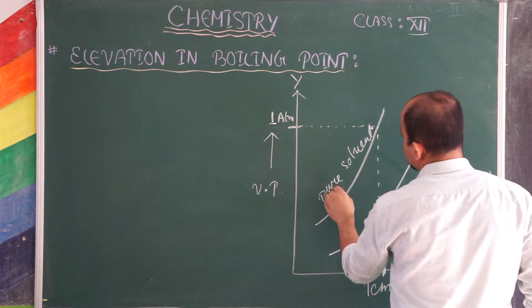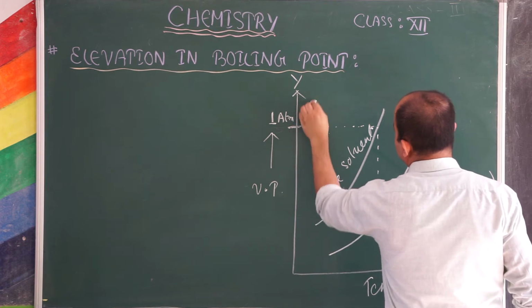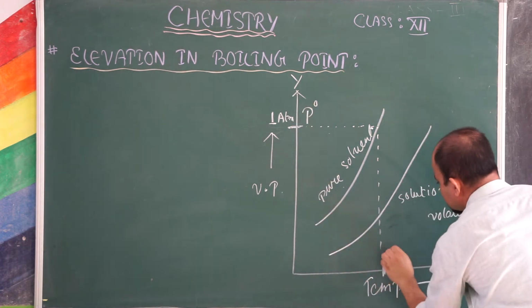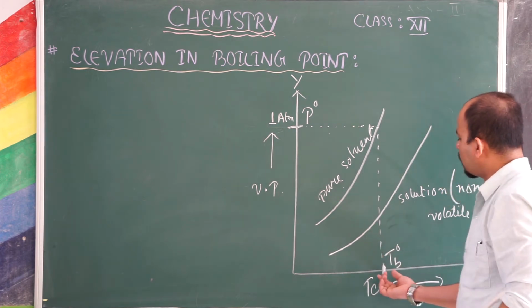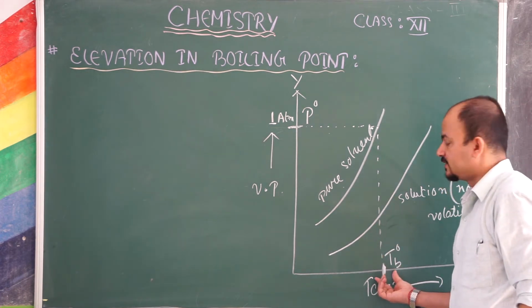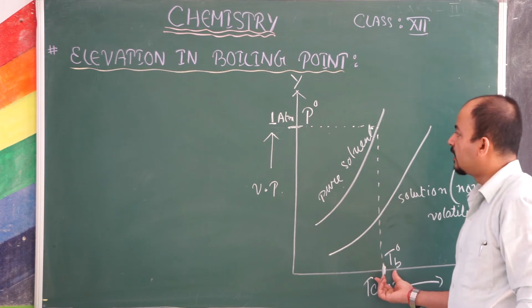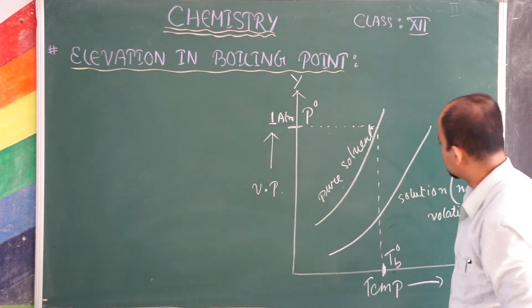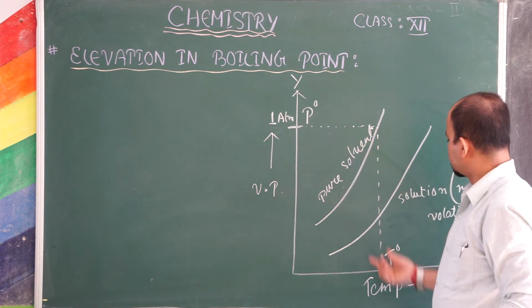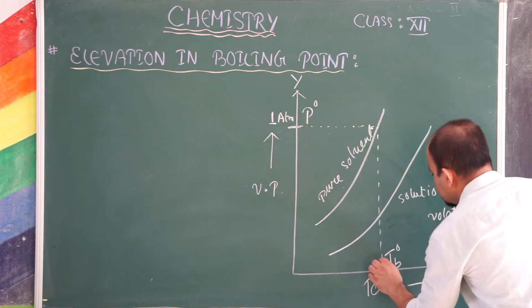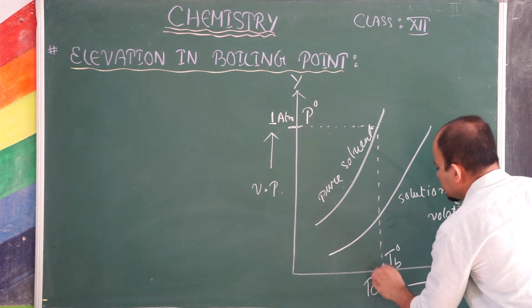This is for pure solvent, therefore this is P0, and this is temperature TB0. That means it is the boiling temperature of this pure solvent. For pure solvent you have the boiling point at this particular temperature.